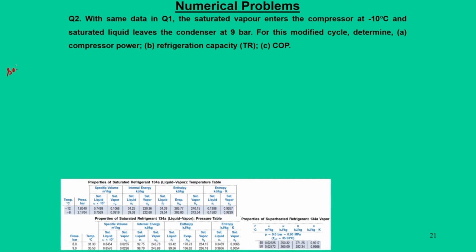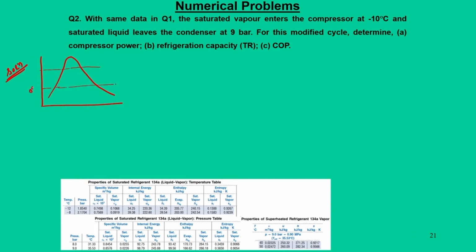So, to solve this problem, we have to relook at our TS diagram, so we can redraw this dome again. First thing we have to put a limit: what are the cold region temperatures.